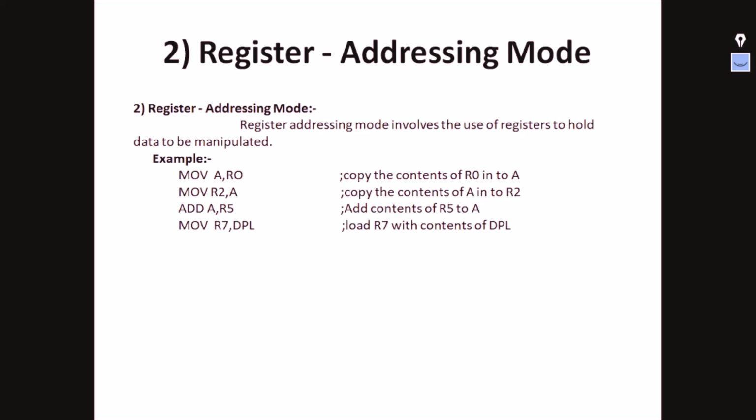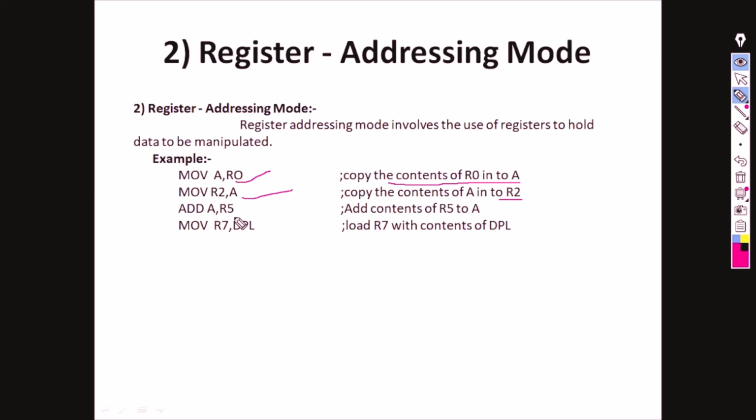For example, MOV A, R0 means copy the content of R0 into accumulator A. MOV R2, A copies the content of the accumulator into the R2 register.